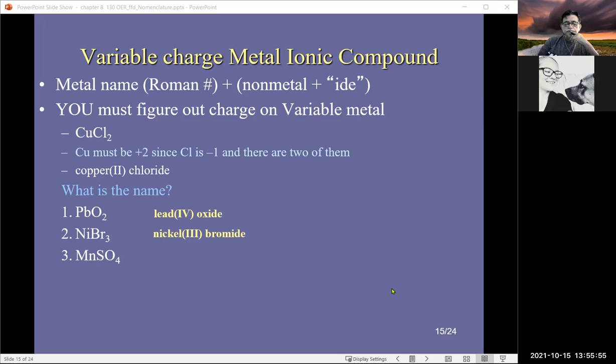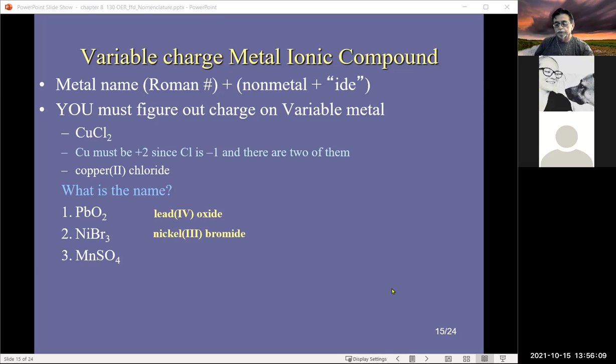Manganese sulfate. That's all I have. Okay, well, you got the parent name correct. Did you give it a Roman numeral? 4. Oh, 2. Roman numeral 2, exactly.